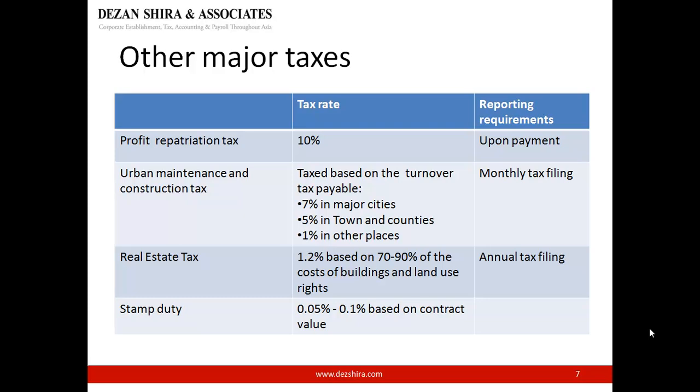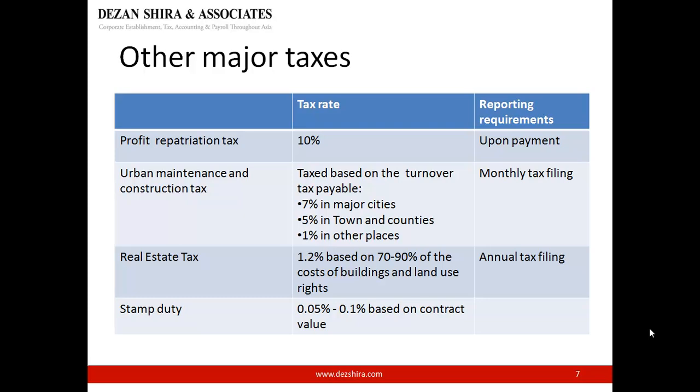This tax will be calculated based on 1.2% of the cost of the building and the land use rights. A 10 to 30% deduction is available during the calculation, but you need to know that you would have to pay this every year.